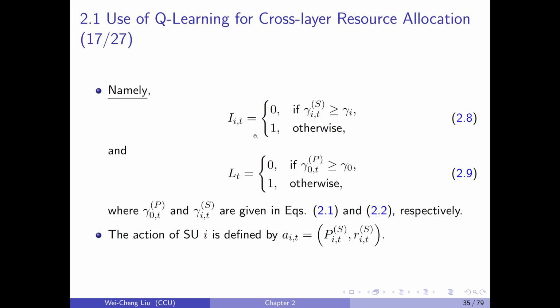And in equation 2.8, I_t is equal to 0 if gamma_i^{t,S} is greater than or equal to gamma_i, and I_t is equal to 1 otherwise, where gamma_i^{t,S} is given in equation 2.2.